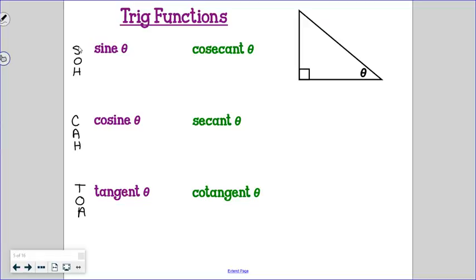Okay? Now, what is that telling us? That's telling us that when we set up the ratio of sine, it is your opposite side over your hypotenuse. So if I were to label this triangle over here, opposite, hypotenuse, adjacent, that sine would be the ratio of the opposite number across over the hypotenuse number. Now, that's the word sine. If you look at your calculator or any problem you're going to see after this, sine will be abbreviated S-I-N.